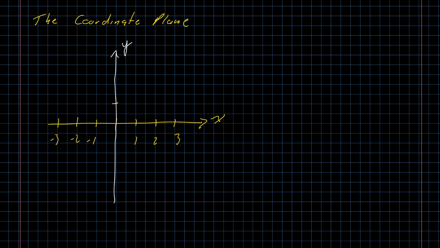I'm going to put the positive numbers going upward and the negative numbers going downward, and putting the y equals 0 right on top of the x equals 0. We're going to call this point where x and y are both equal to 0 the origin.